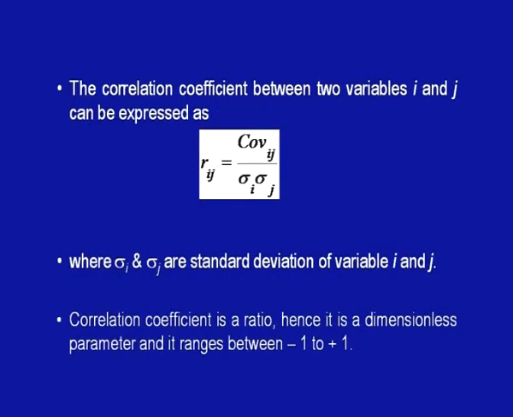So, for two variables i and j, the correlation coefficient can be expressed as R ij is equal to covariance ij divided by the standard deviation of variable i times the standard deviation of variable j. The correlation coefficient is a ratio, and hence it is a dimensionless parameter, and it ranges between -1 and +1.